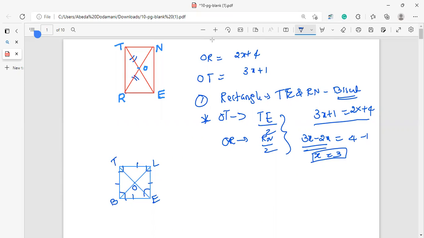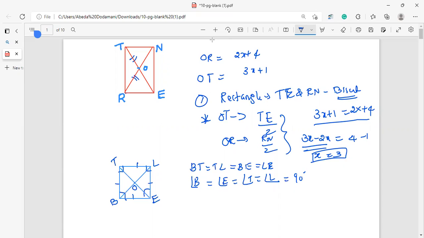Here, as this is given, when I say all the angles are equal and all the sides are equal, it implies BT equal to TL equal to BE equal to LE, and all the angles are equal to 90 degrees, that is angle B equal to angle E equal to angle T equal to angle L, equal to 90 degrees, because they are right angles.